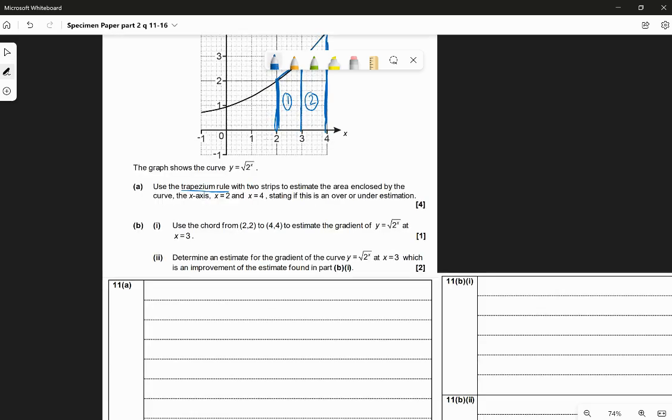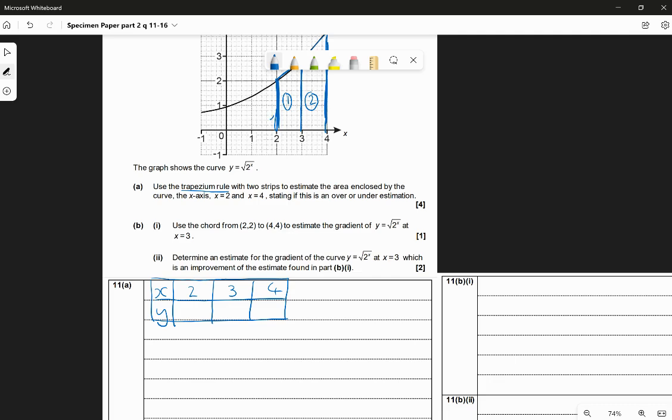Okay, so I'm going to do a little table for x-coordinates and y-coordinates for the values of x being 2 and 3 and 4. And I want to find the corresponding y-coordinates because those will be the parallel lines on my trapezia.